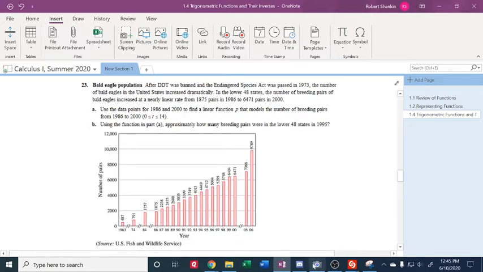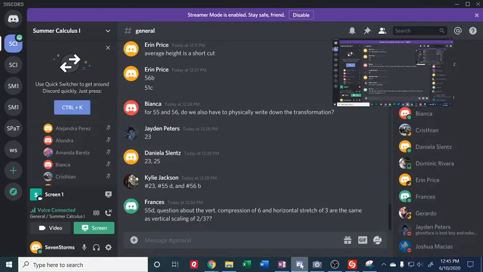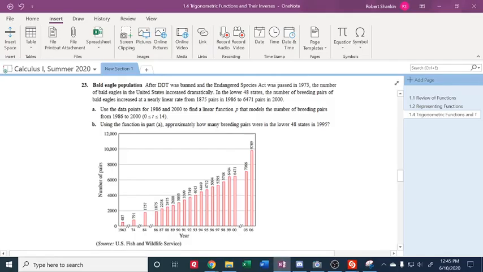All right, welcome back. We'll start again. So number 23, the bald eagle population.